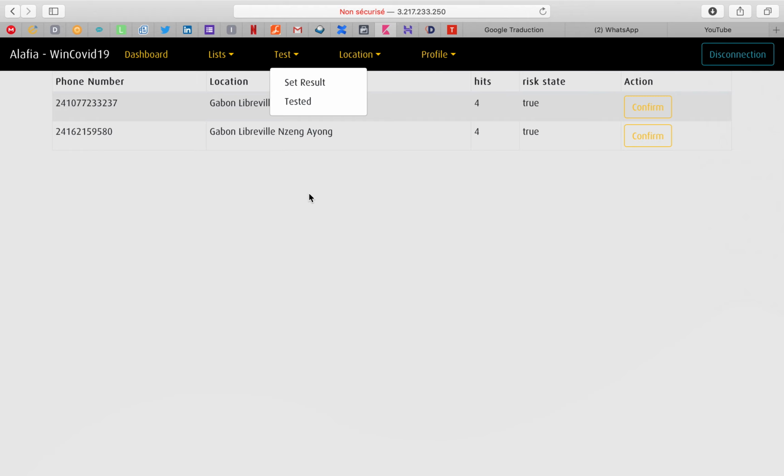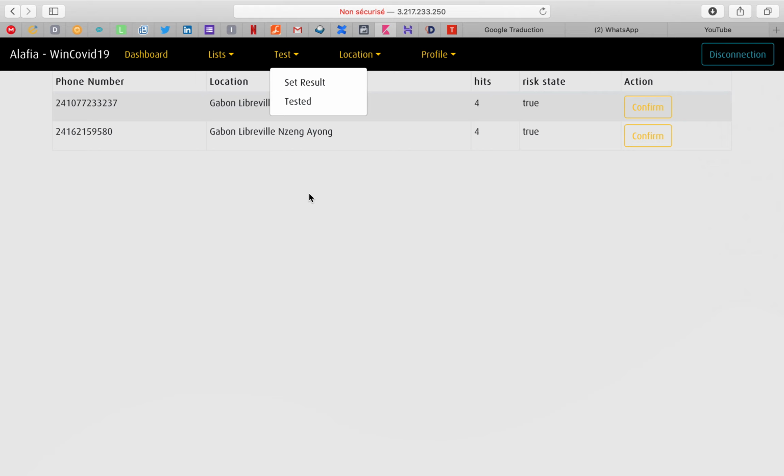This will enable them to take home those whose test is negative and to provide rapid care of those who are confirmed positive.